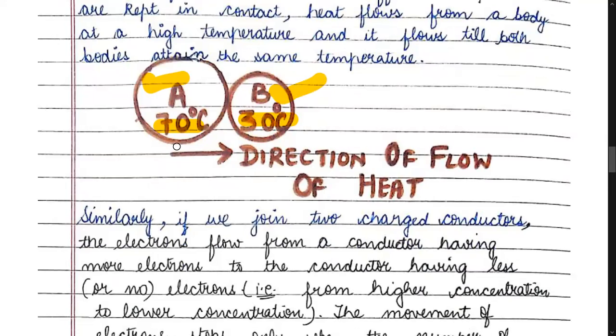So the heat will flow from A to B. The direction of flow of heat is from conductor A to conductor B, and it will flow till both conductors are at same temperature.